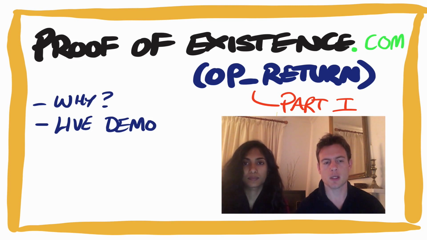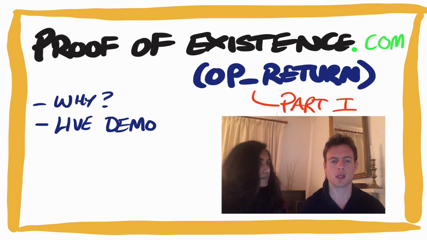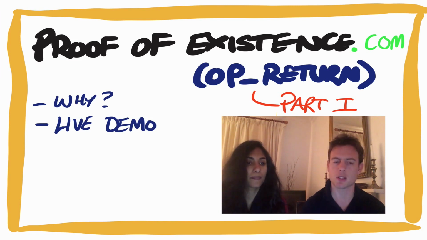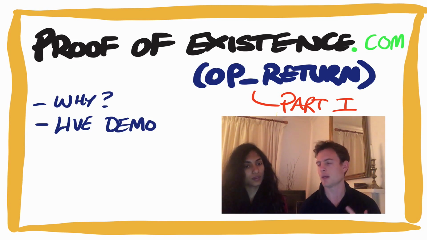So the title of the video is proof of existence, right? I guess it's fairly self-explanatory. It's basically, how do I prove that a certain thing, and in this case, being a digital world, we're talking about a digital asset. So it could be a picture, a document, a movie, whatever.